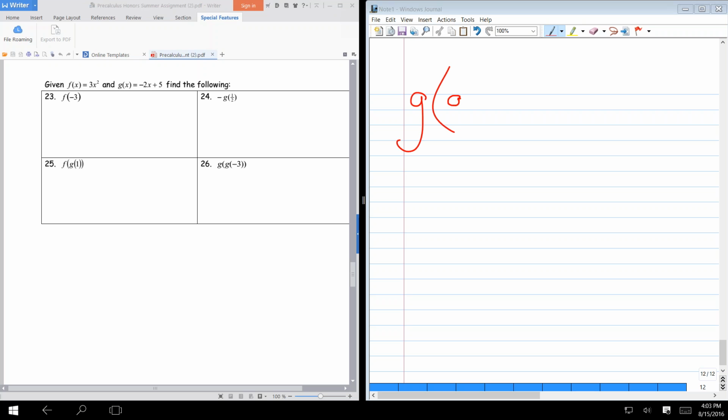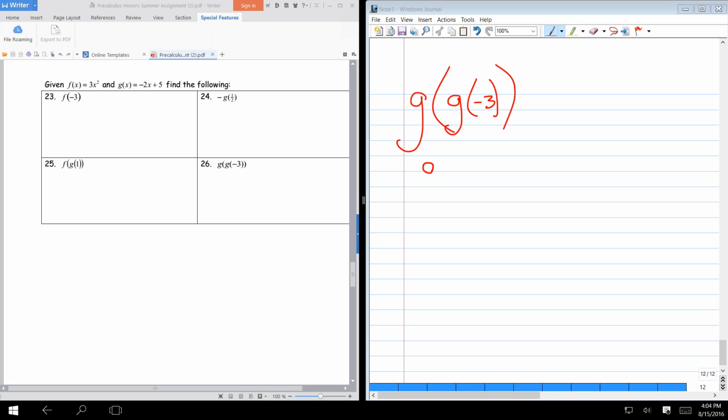It says g of minus 3. Well, I'm going to do this one step at a time. First of all, what is the inside? What is g of minus 3 equal to? I said that was negative 2 times negative 3 plus 5. Which is? 11.